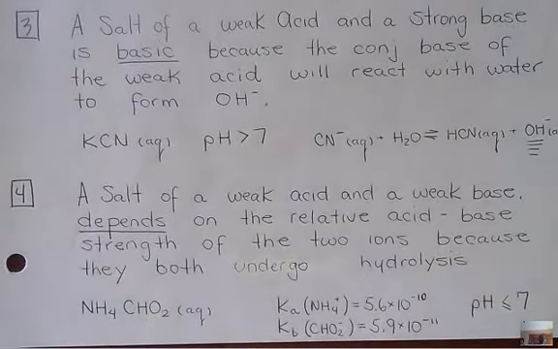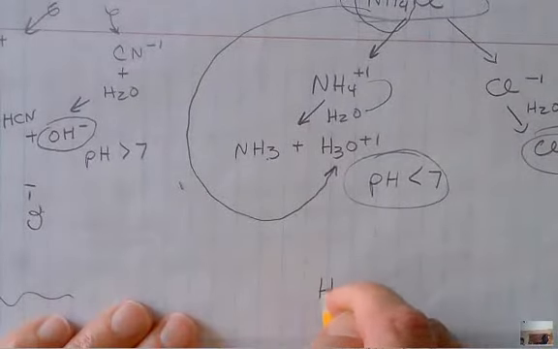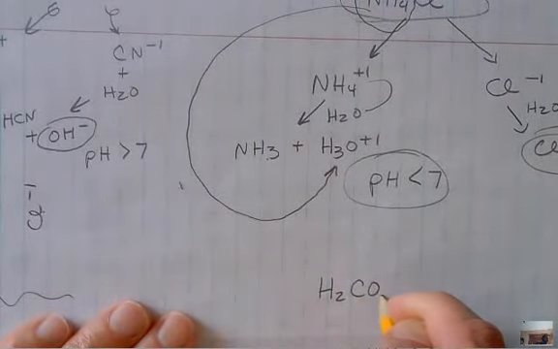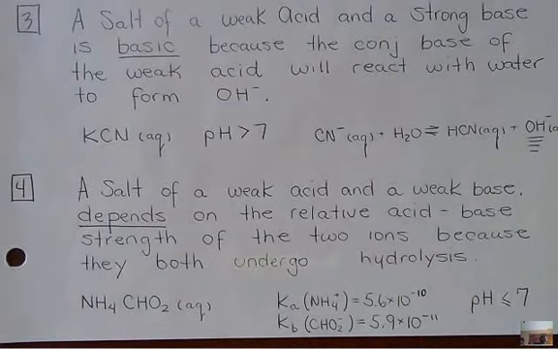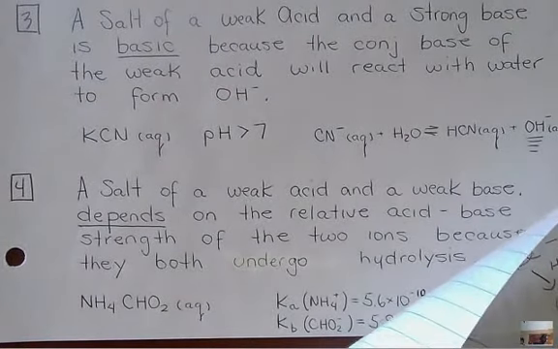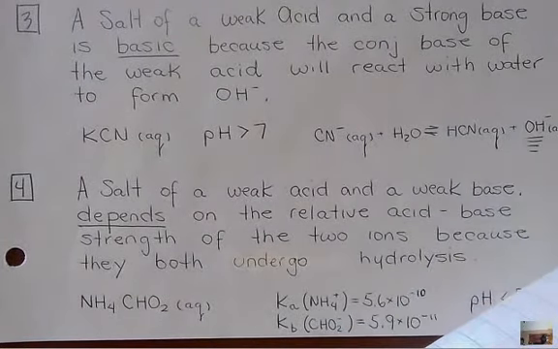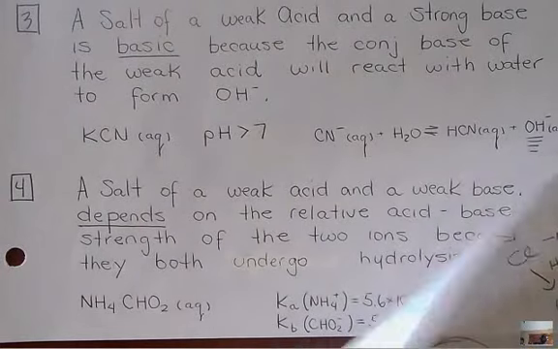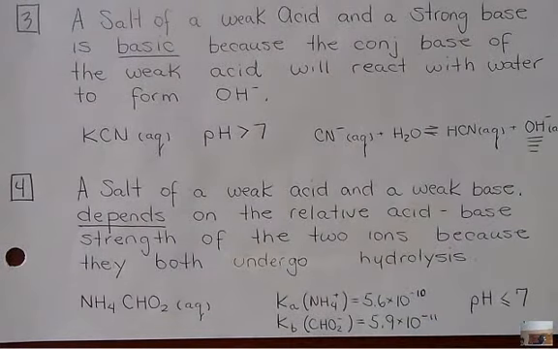So another way that sometimes you'll see oxalic acid written is H2CO2. Okay, so I remove one of the H's. I'll draw that structure for you too, so you can see it. Okay, so I remove one of the H's and I get its conjugate base.